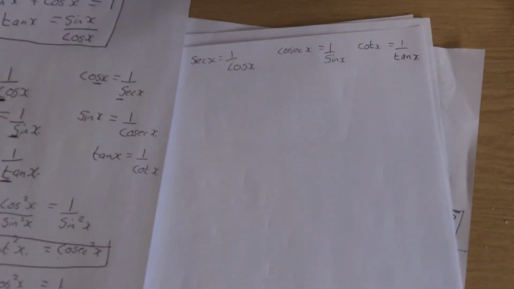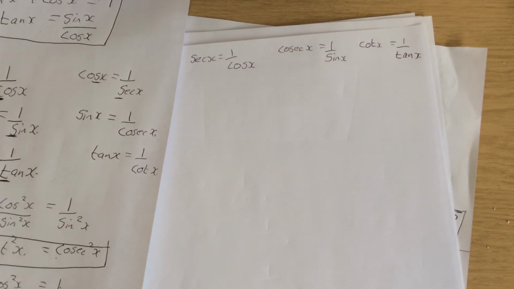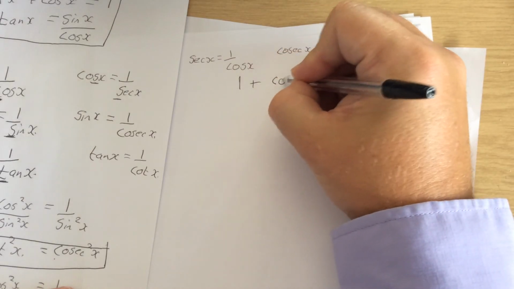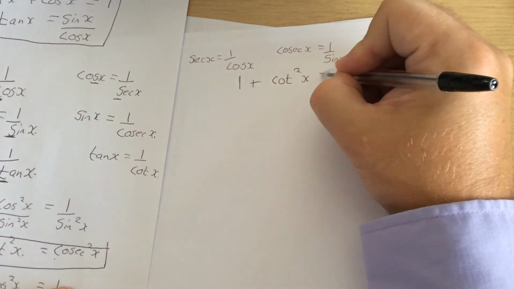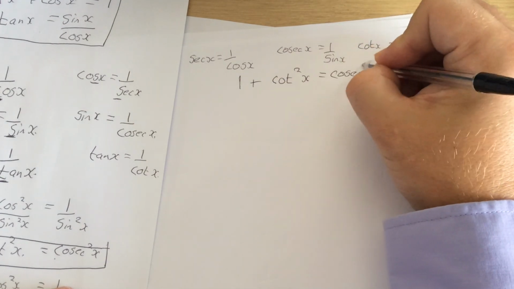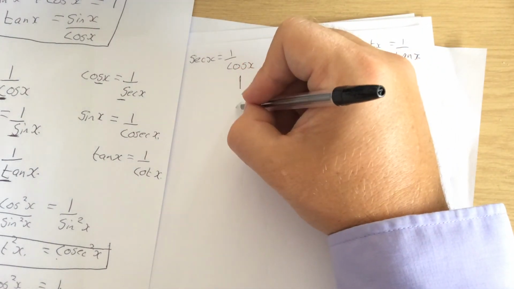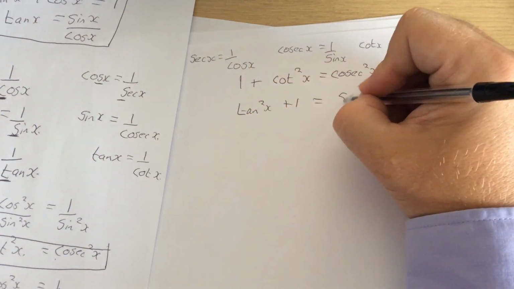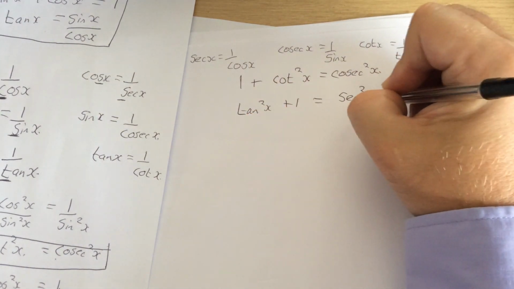And you also need to know that 1 plus cot squared x is equal to cosec squared x, and tan squared x plus 1 equals sec squared x.